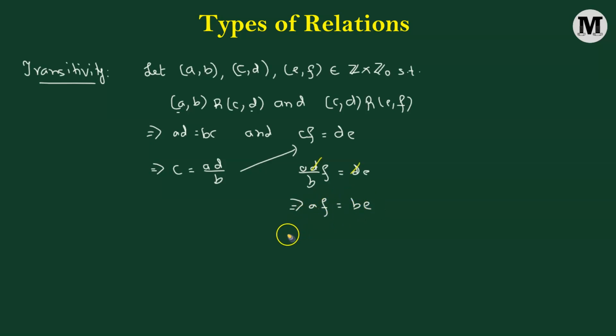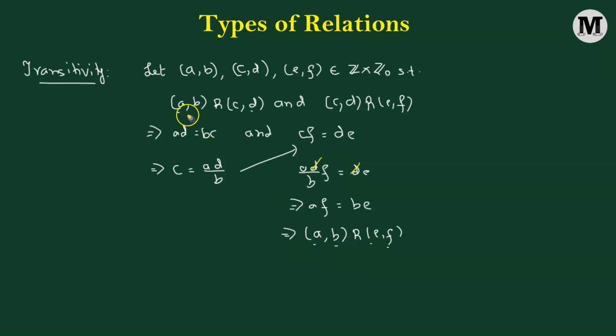Now A times F equals B times E is simply telling us that A comma B is going to be related to the ordered pair E comma F. Where is AF? AF is the product of the outer elements A and F, and BE, the product of B and E, is the product of the inner elements.